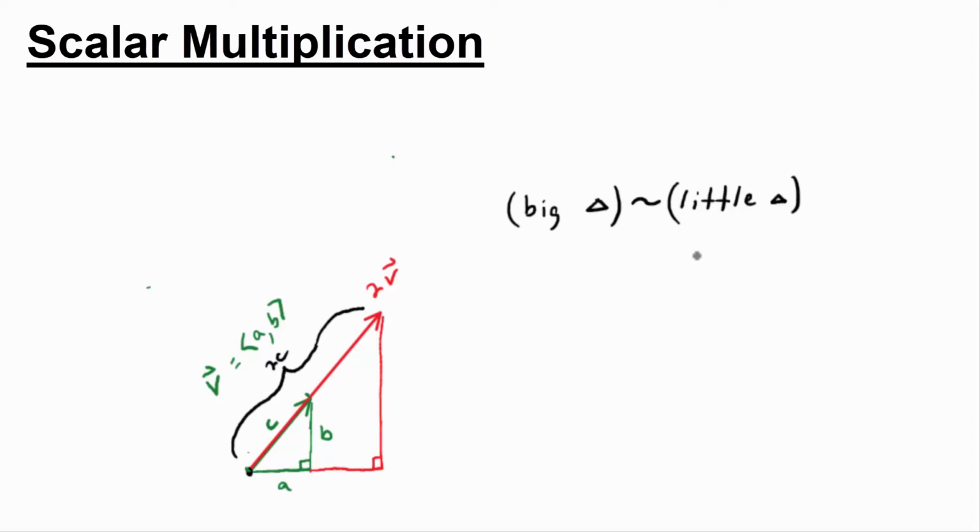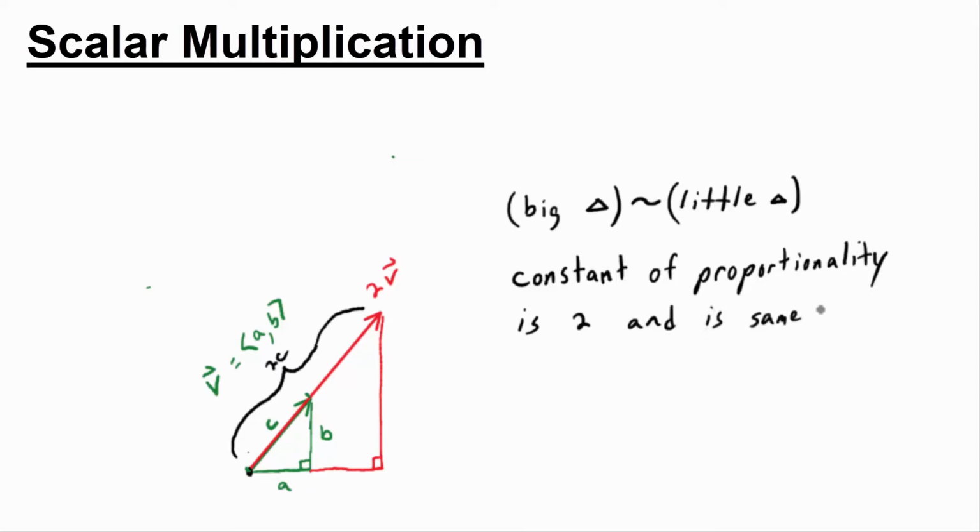And there is a constant of proportionality, which has to be 2. Once you find it for one side, it stays the same for all the sides. That's what it means to be a similar triangle, right?